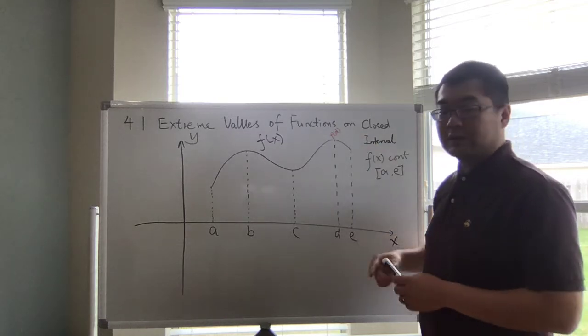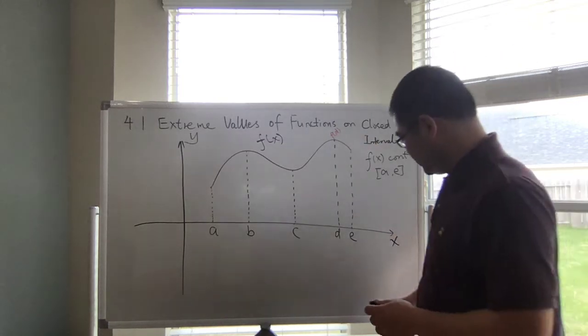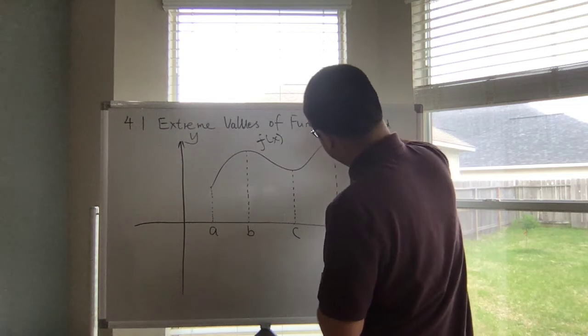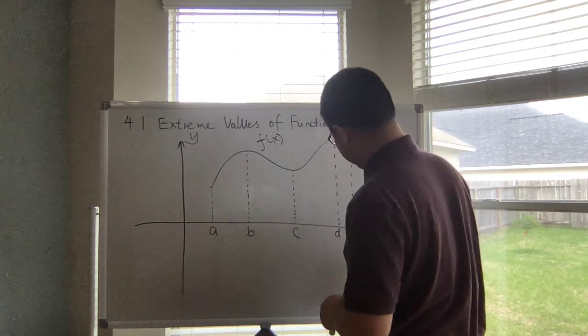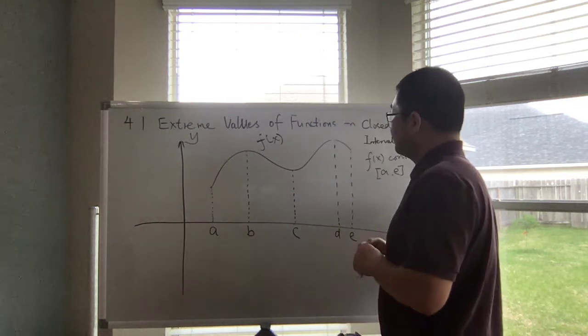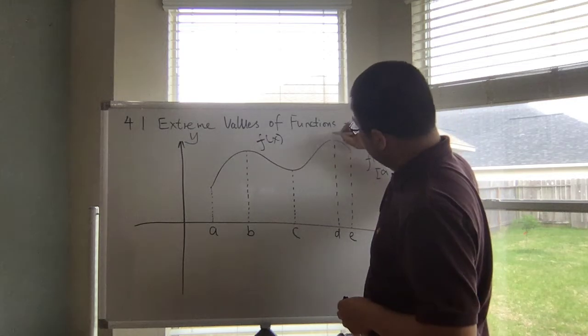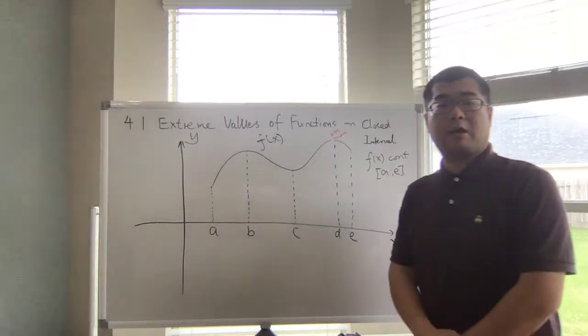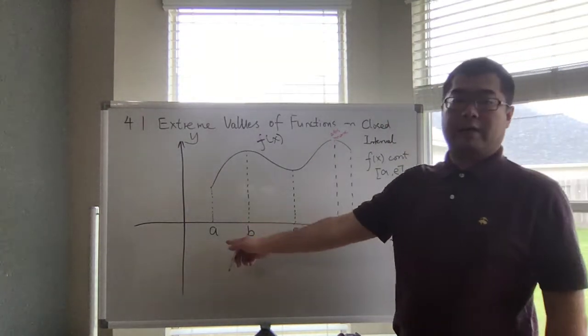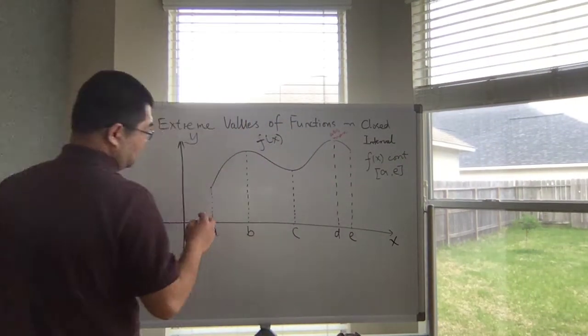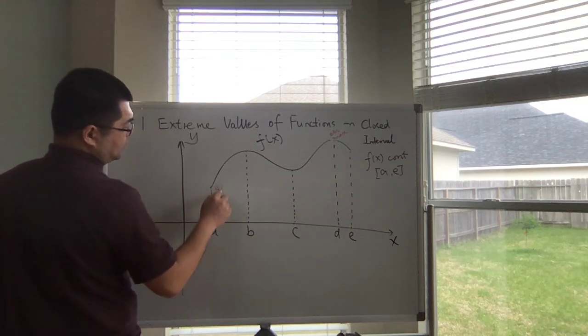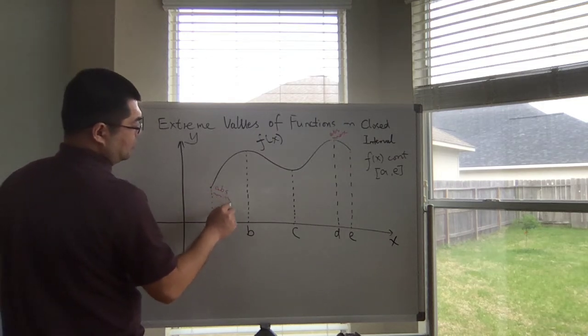At x equals d, this is called the absolute maximum. Similarly, at point a, this is called the absolute minimum.